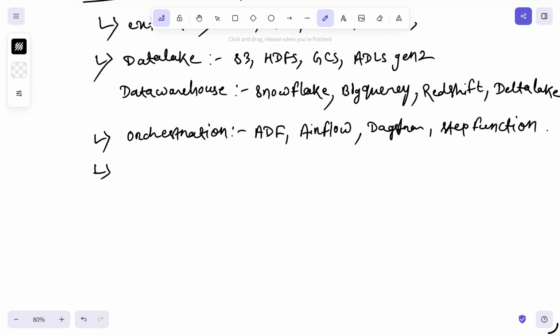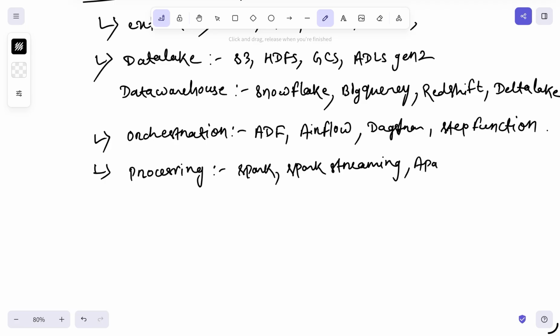We can use Spark, or if it is real time, then we can use Spark Streaming, or we can use Apache Flink, or sometimes we can use dbt also.